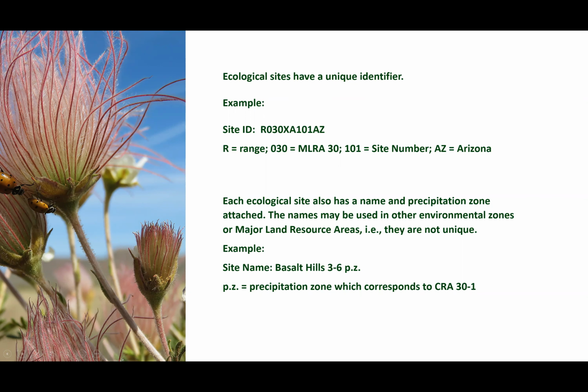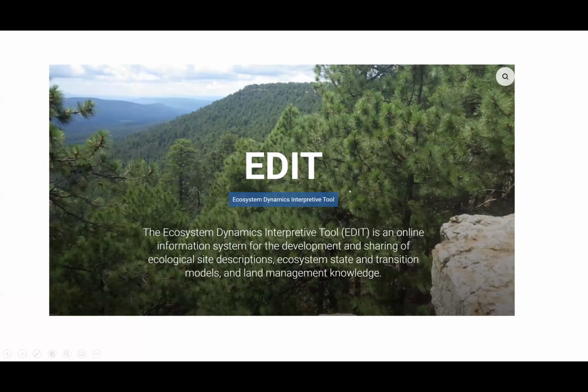Now, the best source of information about ecological sites is EDIT. This stands for Ecosystem Dynamics Interpretive Tool. It's an online information system that's maintained by the Natural Resource Conservation Service and the Agricultural Research Service out of the Jornada Experimental Range in New Mexico.